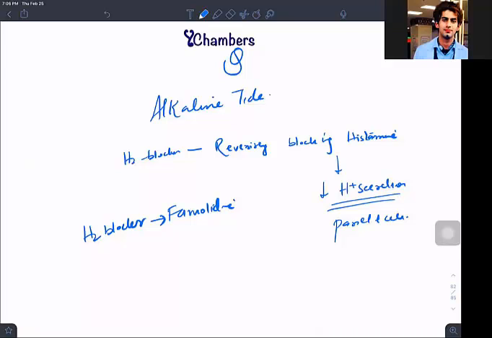Nizatidine? That's a beautiful answer. Nizatidine is the beautiful answer. Which H2 blocker has the highest bioavailability, 100% bioavailability? We have learned it in pharmacology lectures. That is nizatidine. Nizatidine has 100% bioavailability.